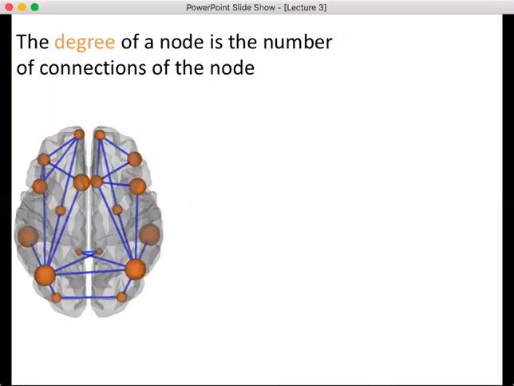And of course, the most important is the degree. And here, by the way, I will give examples based on a brain connectivity network. I will not explain much about it because you will have a class by Mite Mijalkov towards the end of the course, which will describe in detail how brain connectivity graphs are constructed and how they are analyzed.